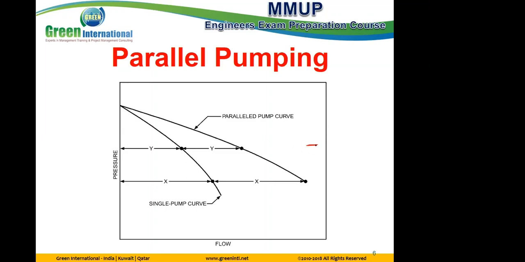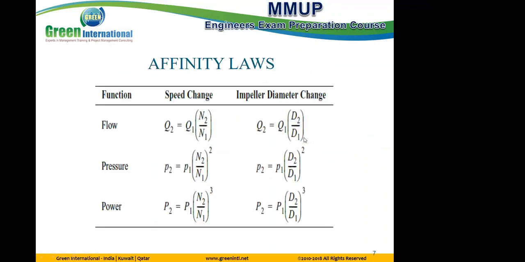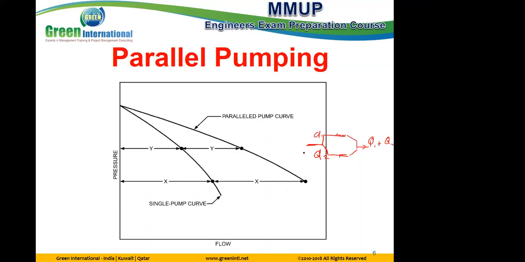For parallel, it looks like this. You know the circuit for electric? This is pump 1 and pump 2. So Q1 here, Q2 here. At the end, you will find Q1 plus Q2. And also here, at the beginning, Q1 plus Q2. But inside, one goes to this branch and the other to that branch. At the end, we obtain the same Q according to continuity.